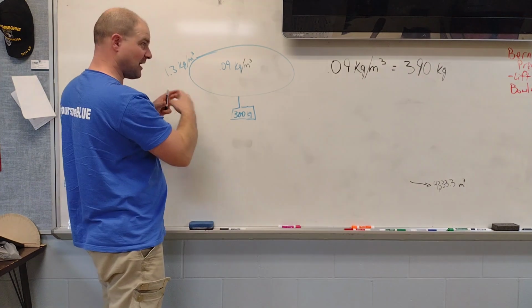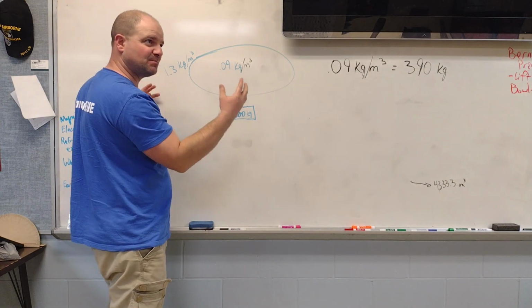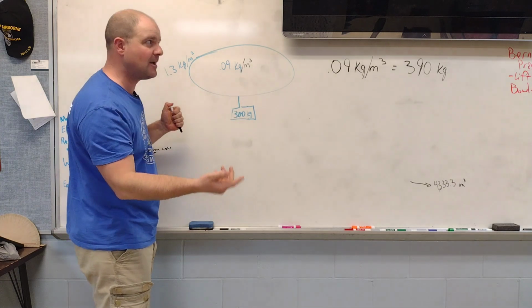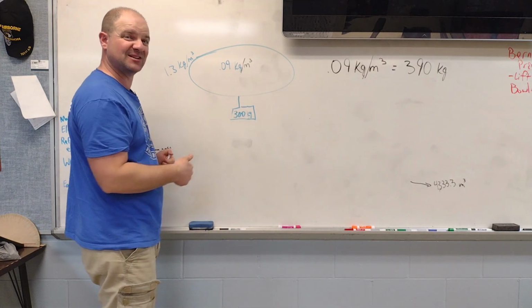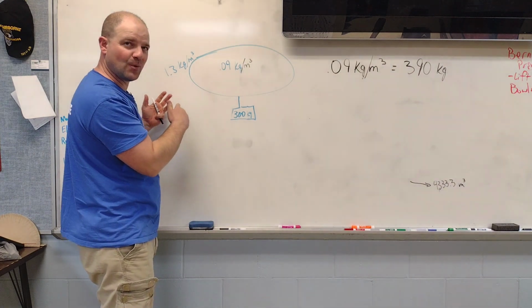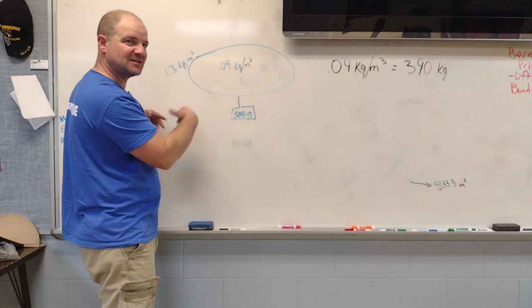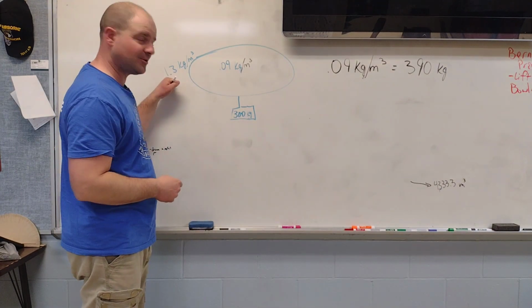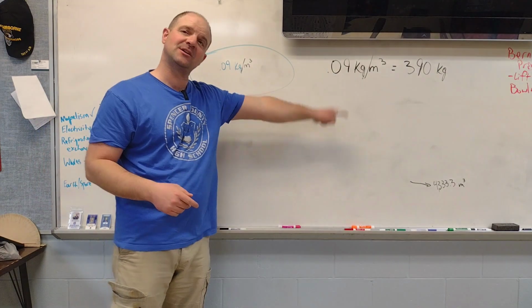You follow? Remember, buoyancy, the buoyant force comes from the thing being displaced. So how much weight of air, not water, do we need to displace to get it to float? So 300 times 1.3 gives us 390 kilograms.